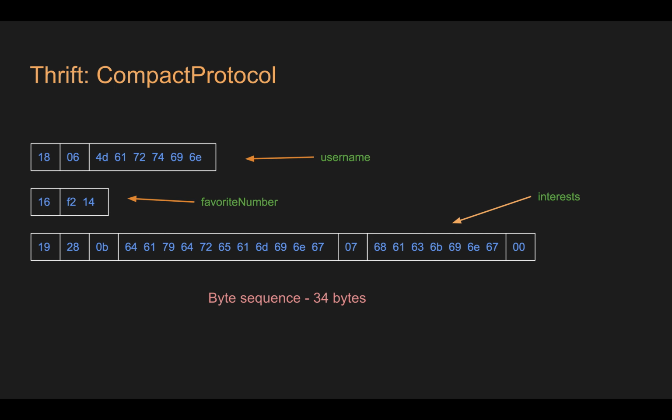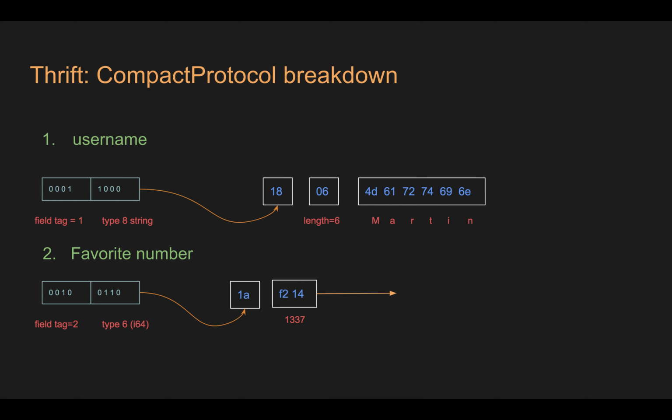Let's see the breakdown to understand how it packs all these values so efficiently. The compact protocol is able to pack efficiently because it packs the field type and tag number into just a single byte, while the binary protocol used a total of 3 bytes to encode both of these things.